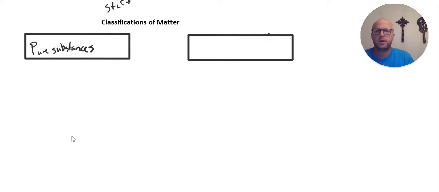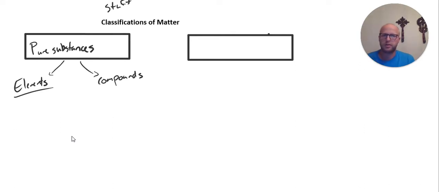Okay, so under pure substances we have two classifications. You can have elements, or you can have compounds. Elements are found on the periodic table of elements. If they're not listed on the periodic table explicitly, then it's not an element.